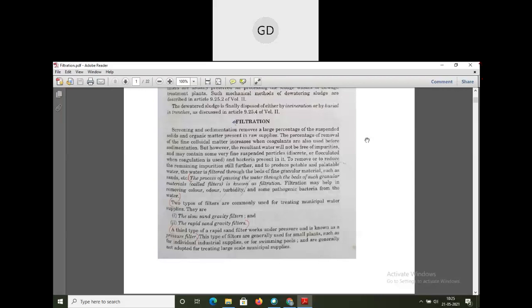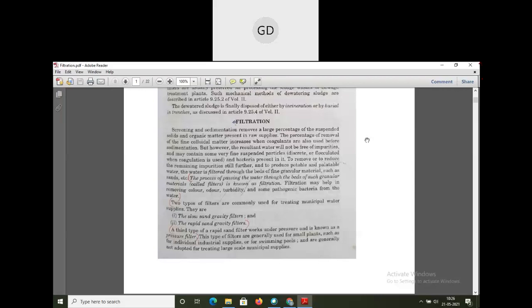There are very fine suspended particles in flocculated form, because you have used coagulants, and bacteria might also be present. So to reduce the impurities and to make the water drinkable, you have to filter the water.